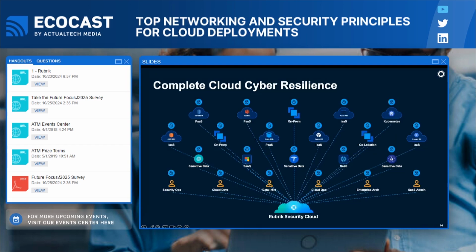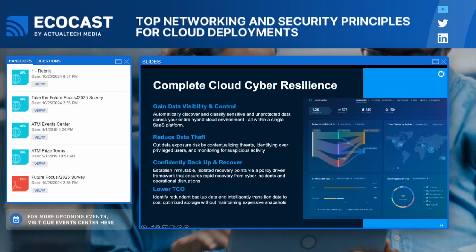So again, we unify all of this. We provide these capabilities across multiple clouds, but also across multiple stakeholders in the environment. What that looks like is we give you the capability to gain data visibility and control across those cloud environments. So understand the data that you have in the environment, then understand if it's protected in the right way, all from the same SaaS platform.